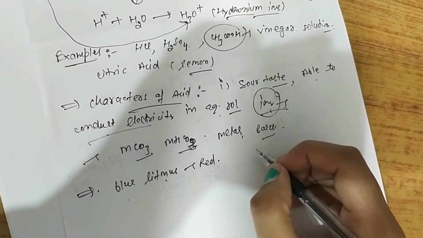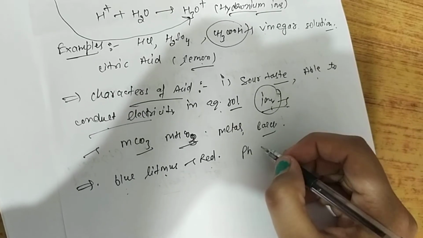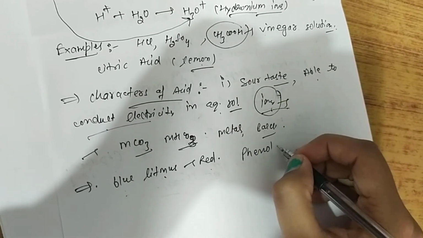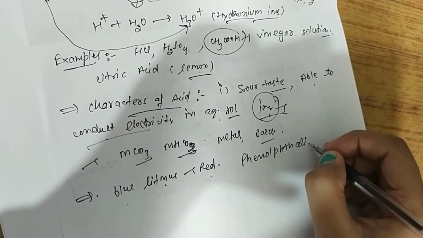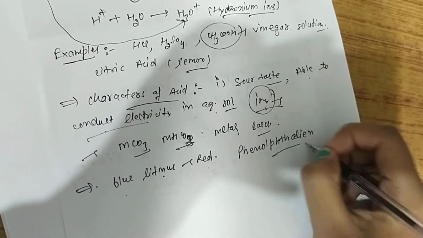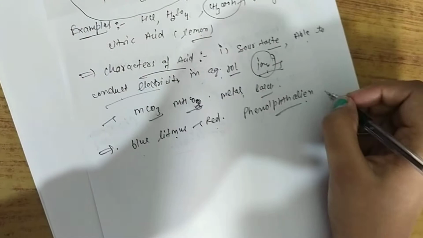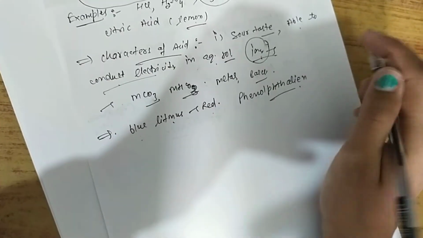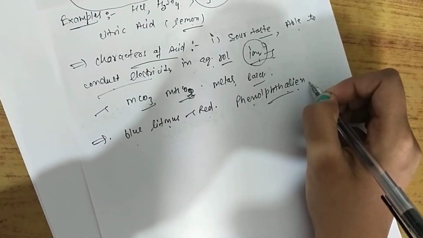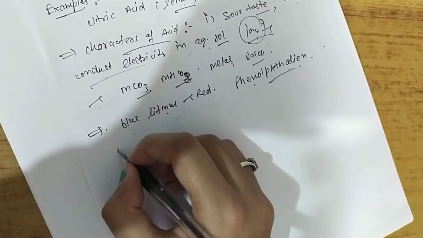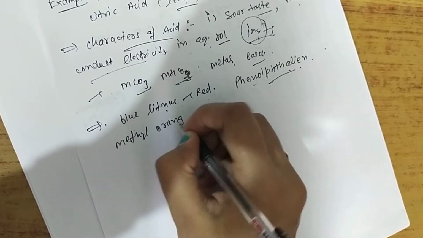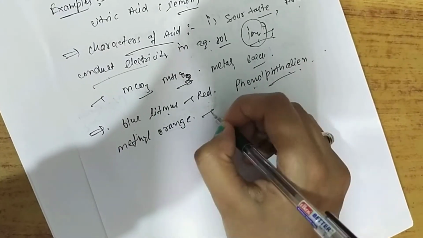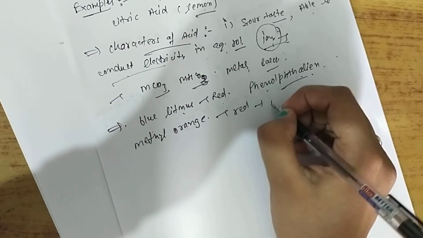And also phenolphthalein indicator. Phenolphthalein remains colorless in acids, and methyl orange gives red color in acid.